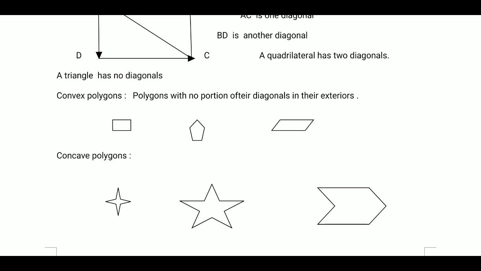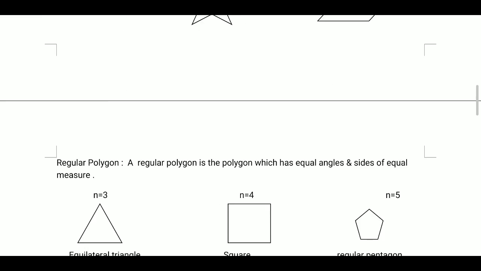Now, what kind of figures are called concave polygons? Like a star-like figure, where if we connect some diagonals of that figure, those will come outside of the figure. So these kinds of figures are called concave polygons.